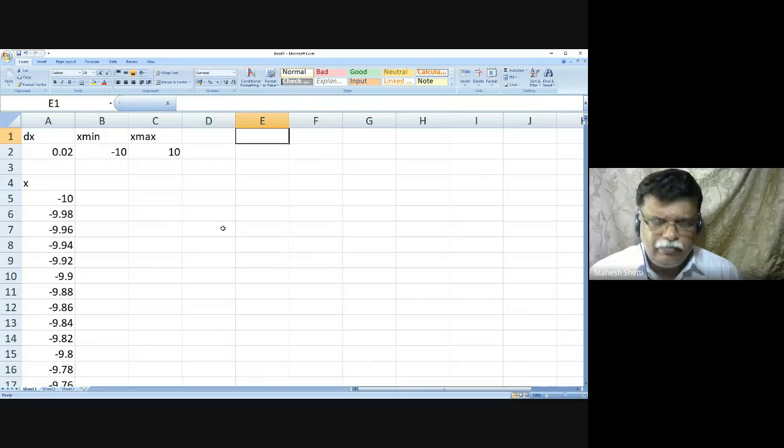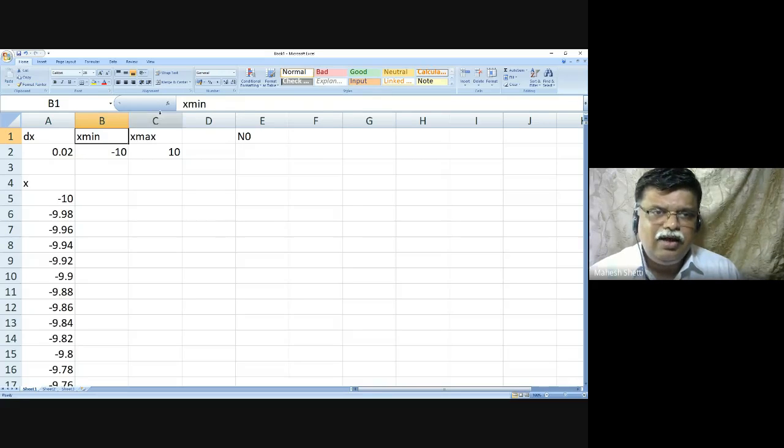in my problem, the N0 value is given to me. How many of these radioactive atoms were present in the beginning. In place of x, I'm now talking about time. So this is going to be some t maximum and t minimum.